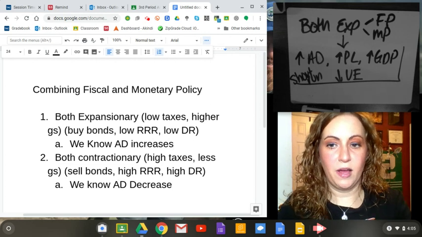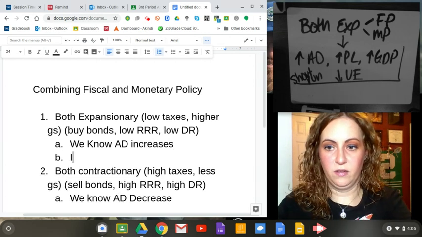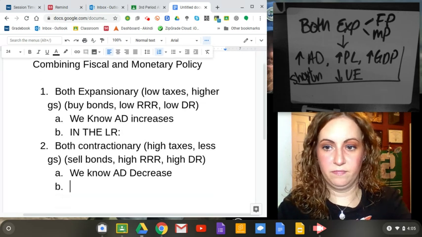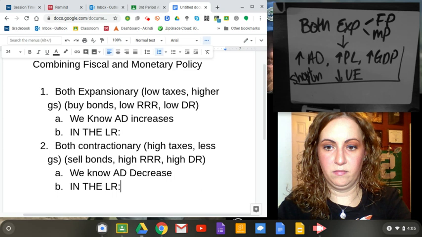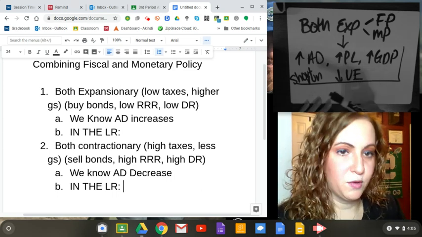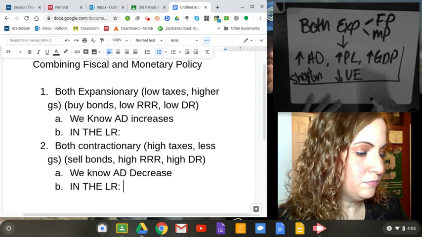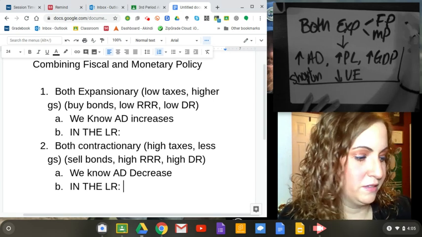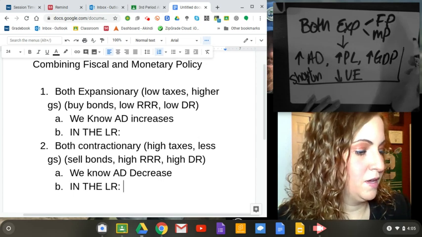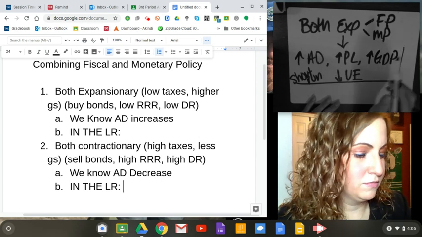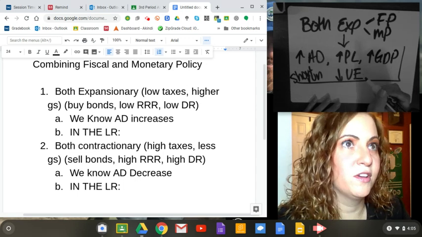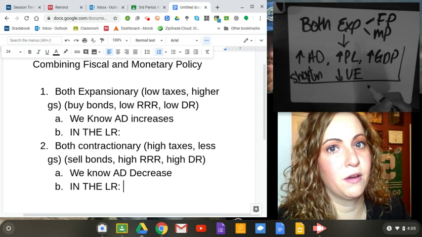But let's talk about the long run for both of these policies. Let's go back and look at if they're both expansionary. Expansionary fiscal policy expands the economy, raising aggregate demand. Expansionary monetary policy also raises aggregate demand. But in the long run, they're going to have different effects on long-run economic growth.